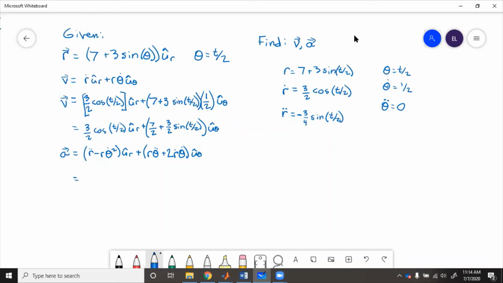So in this part, we'll have r double dot, which is that minus 3/4 sine t over 2 u_r plus, remember, oh yeah, sorry, we need to do the theta dot part.